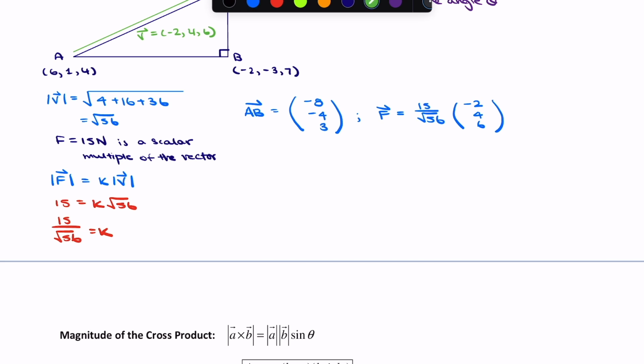So we can calculate that work is equal to our force dot vector AB.